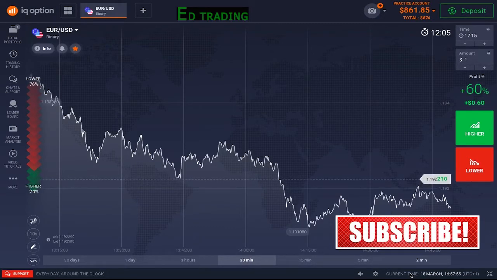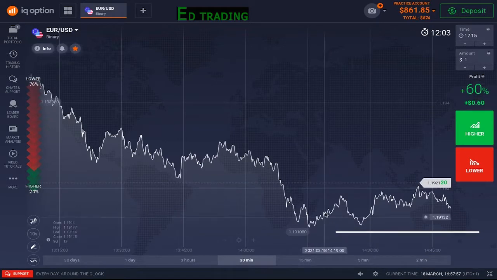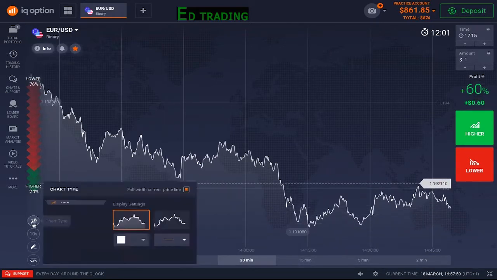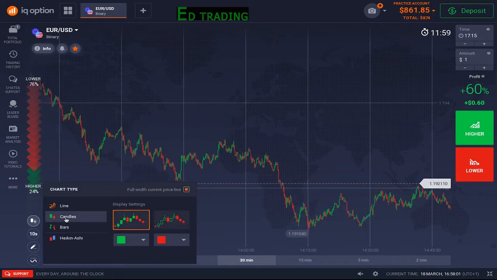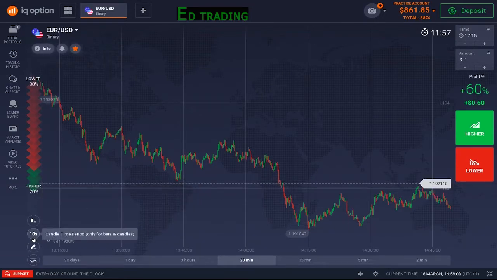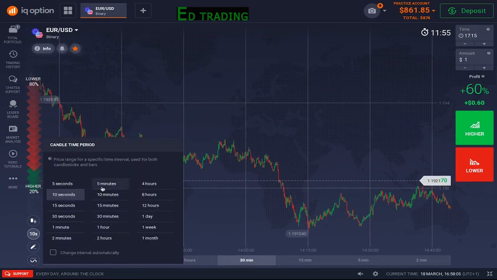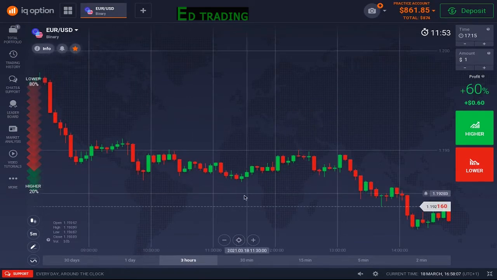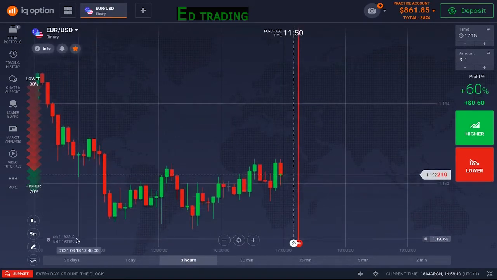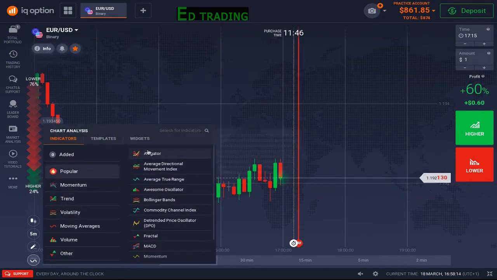Let's go. So first of all, we'll be changing the chart. Change the chart type to candles. Then we'll change the candle time to 5 minutes. Then you go to indicators, type Bollinger Band.